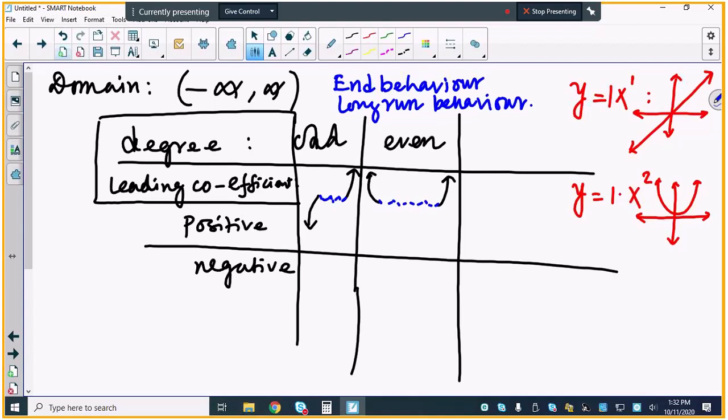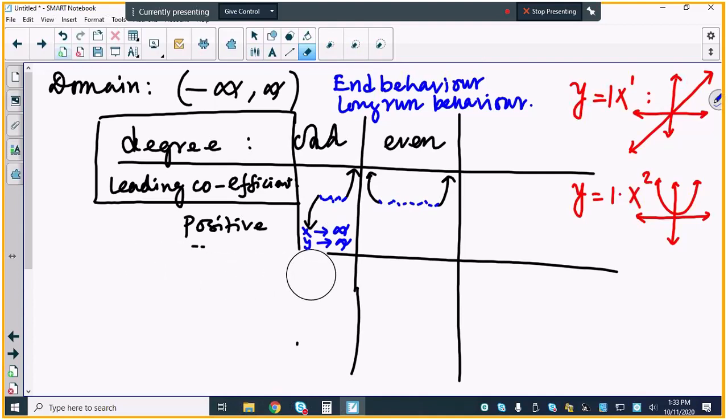In order to understand that, we can say as x goes to infinity, instead of writing all of that as x is going far right, I say x arrow infinity, and I read it as x goes to infinity, the y values go to infinity. In fact, let me erase and give myself a little more room to complete this long run behavior.